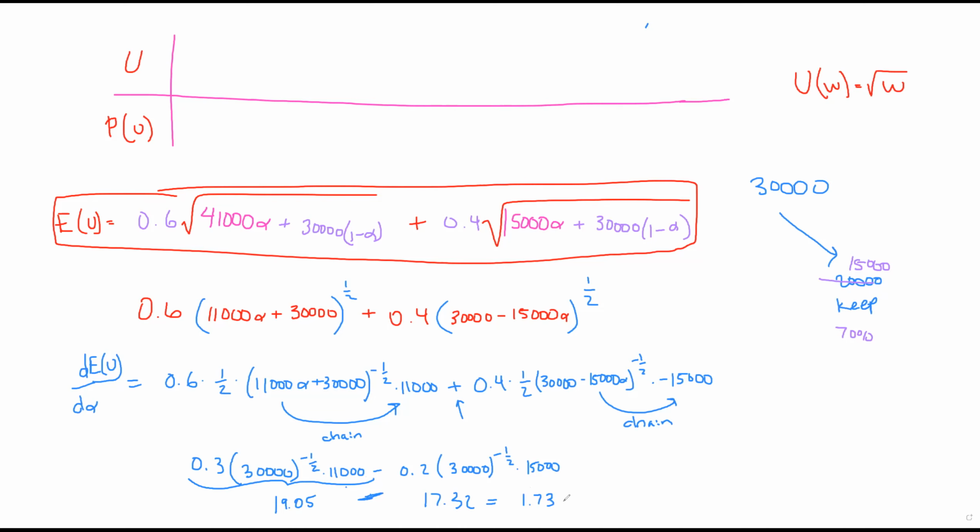Is that right? 19.05 minus 17.32, 1.73. And this is indeed positive. Remember, our goal was to show that this derivative would be positive at alpha equals 0. And we did. Okay, we are done with that question.